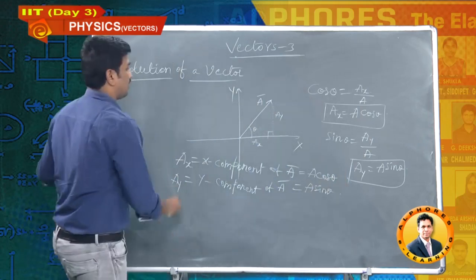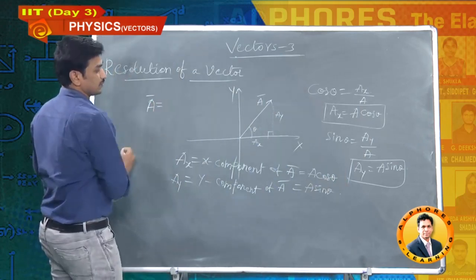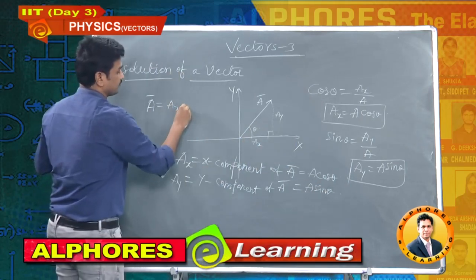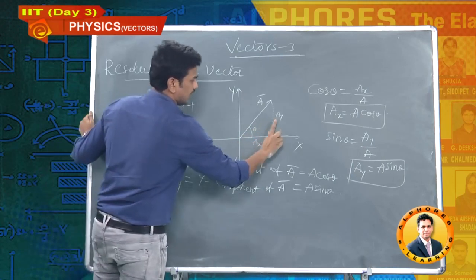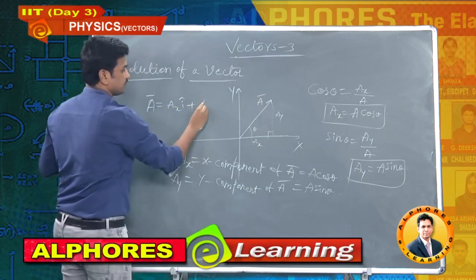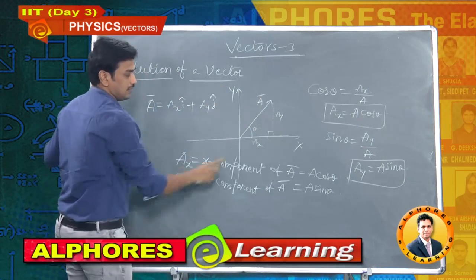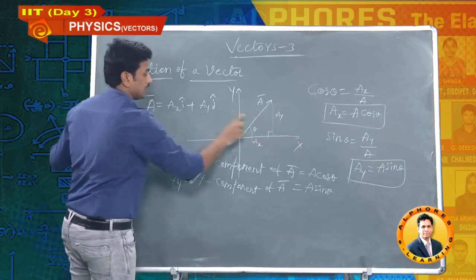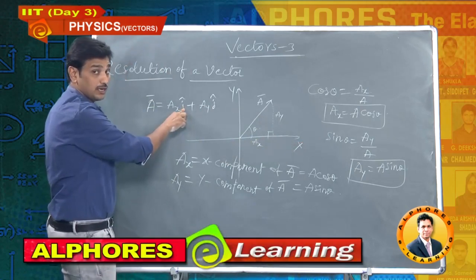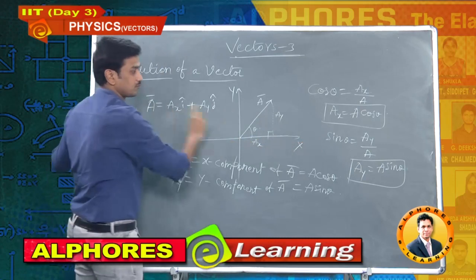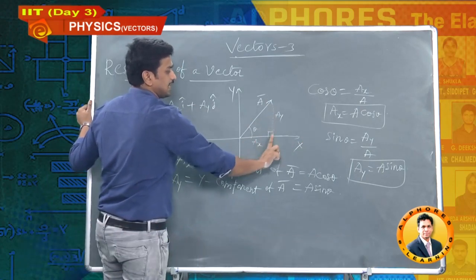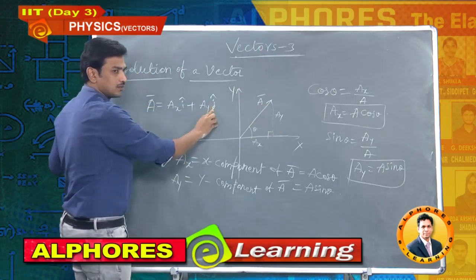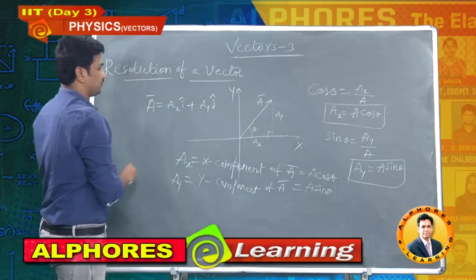Now our vector A bar is Ax along the x direction and Ay along the positive y direction. The x component along the x direction is indicated by i cap, the orthogonal unit vector along x. Ay is acting along the y direction, indicated by the orthogonal unit vector j cap.